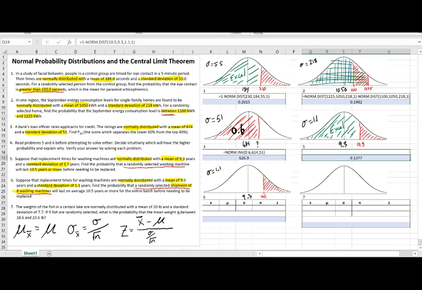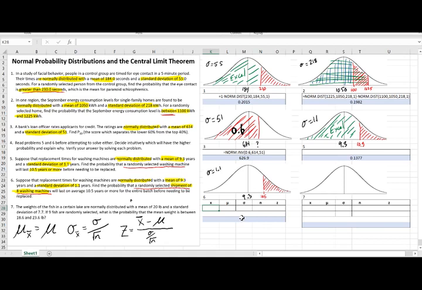Okay, we could leave off that mu sub x bar, just equal to mu. So the z-score should be x bar minus mu, the difference between the sample mean and the population mean, divided by sigma over the square root of n. So let's plug these values in over here. I have a nice little template set up.